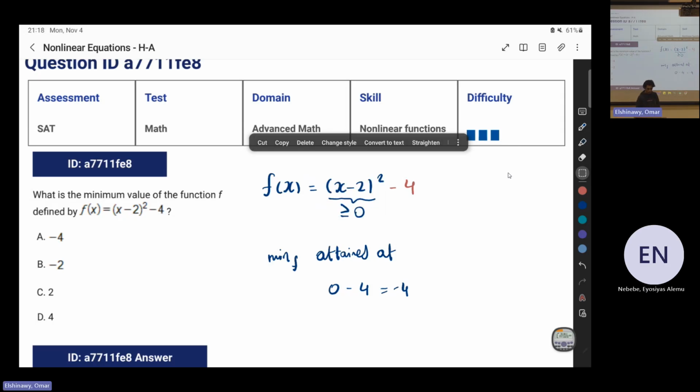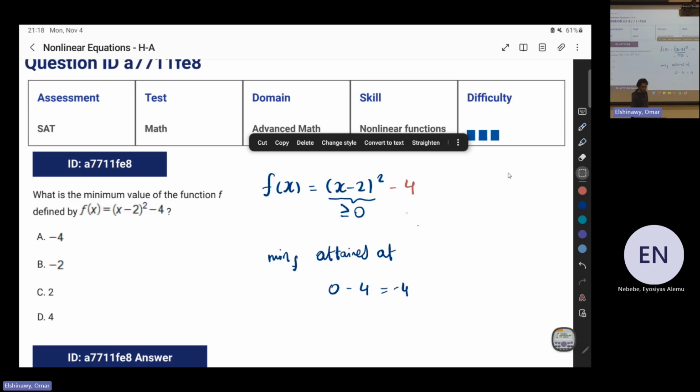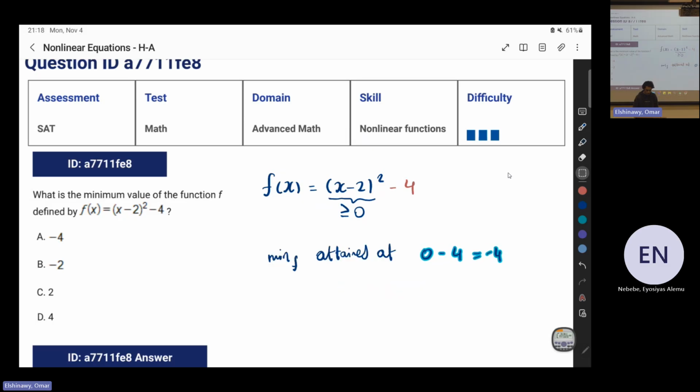And so for the whole function, if you minimize this part, and that part is already a constant, then you would minimize the whole function. Because this part controls the input, but this part is just constant. So if we minimize the part which controls all the dynamics, then we minimize the whole function. And in that case, we get 0 minus 4, which is minus 4.